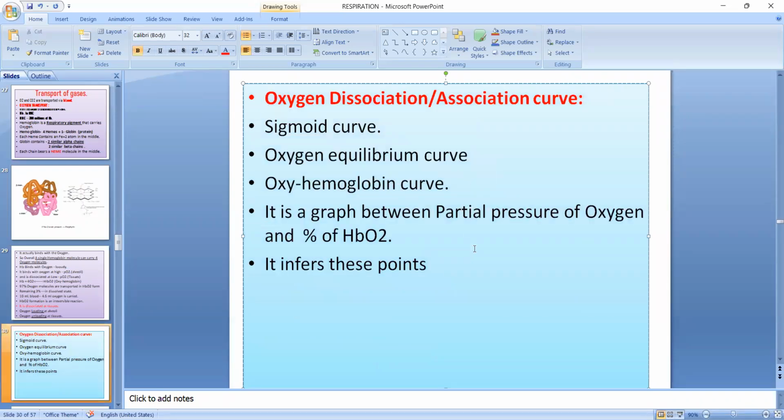The oxygen dissociation or association curve. There are different names for it. So why should we study this curve?